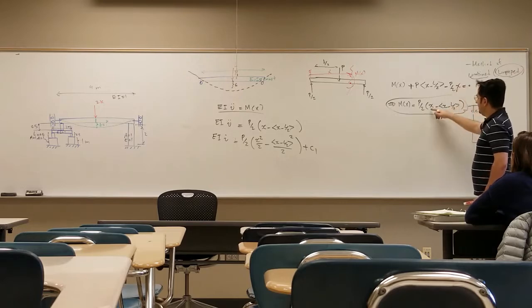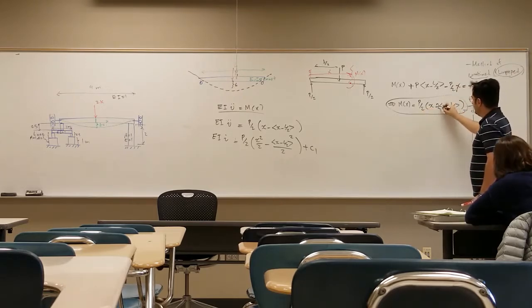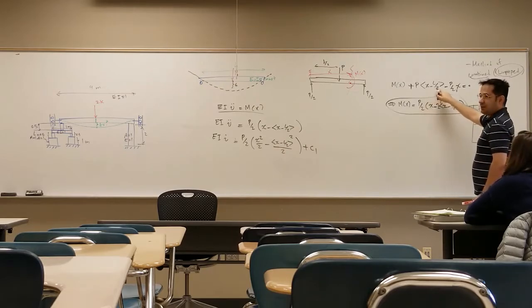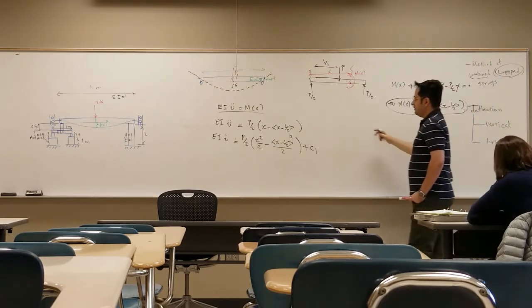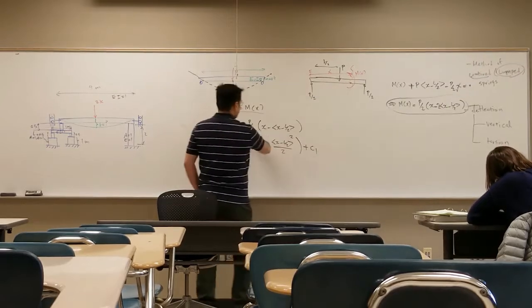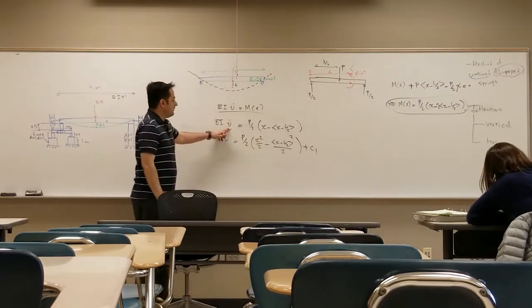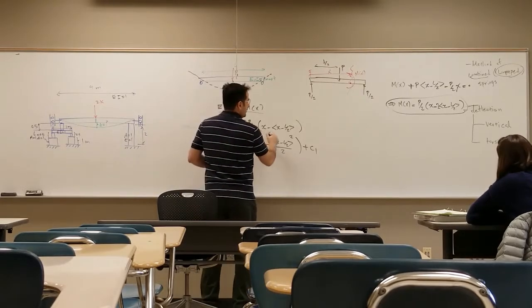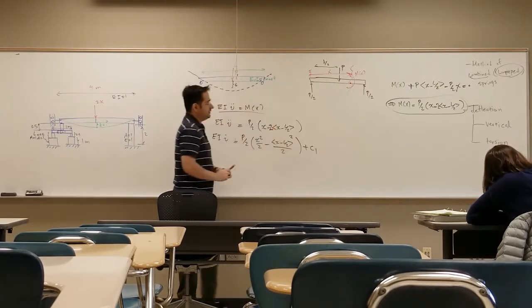But if I multiply that out, there should be a 2 here. Thank you. When you multiply that, these 2 cancel out, so you get negative P times (x minus L over 2). That's right. So EI v double dot is equal to P over 2 x minus P times (x minus L over 2). There is a 2 here.